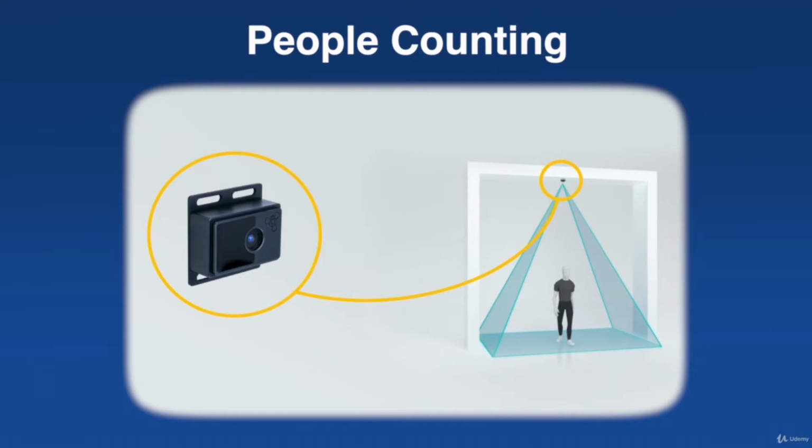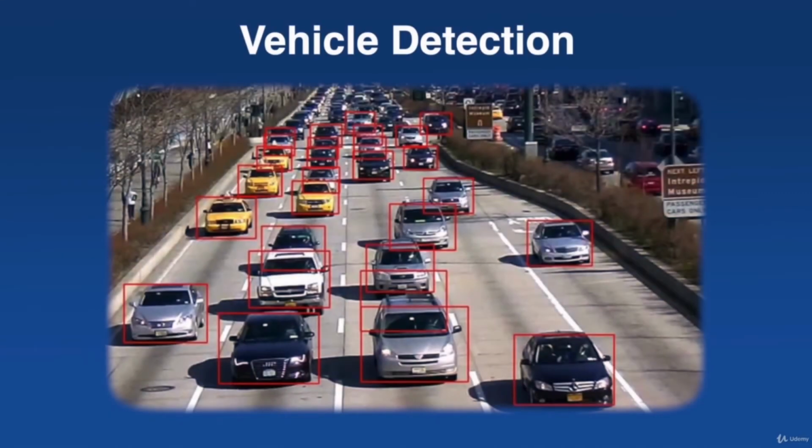The third application is vehicle detection. Similarly, when the object is a vehicle, such as a bicycle or a car, object detection with tracking can prove effective in estimating the speed of the object.